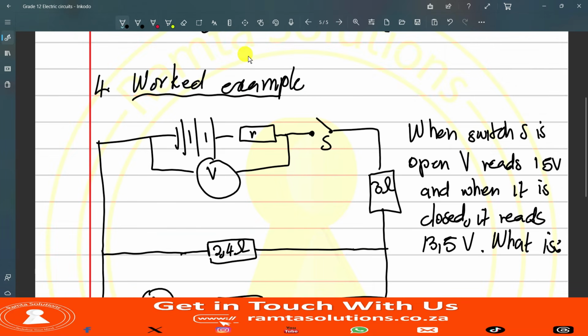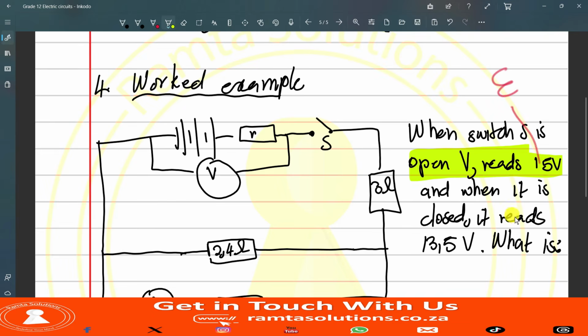These are exam questions. So now let's look at the information given. When switch S is open, V reads 15 volts. What is this? When the switch is open, there is no current flowing. This means this part here is the emf.